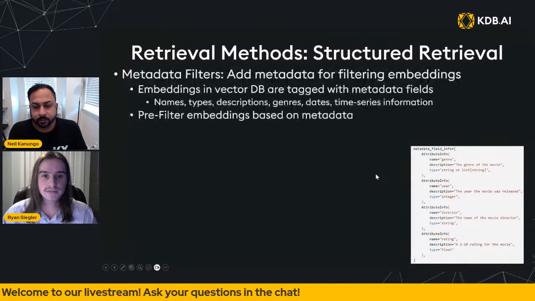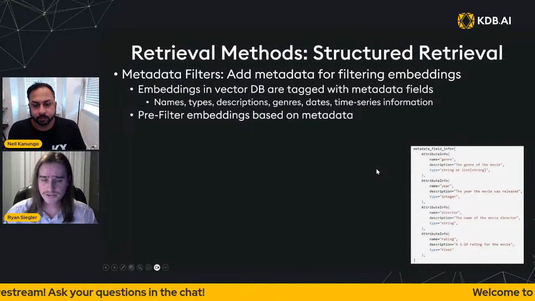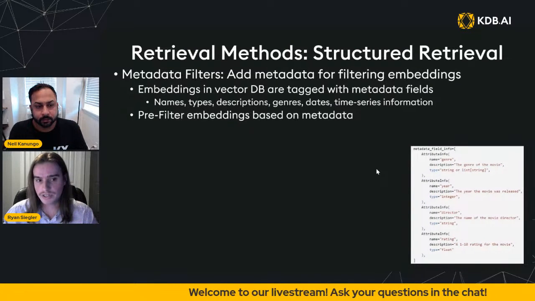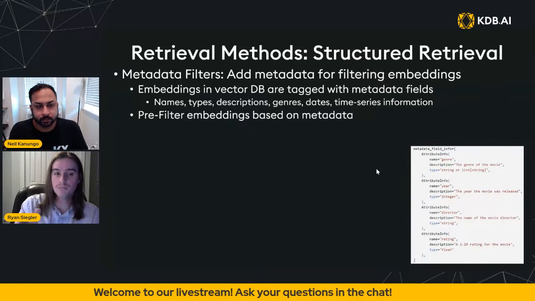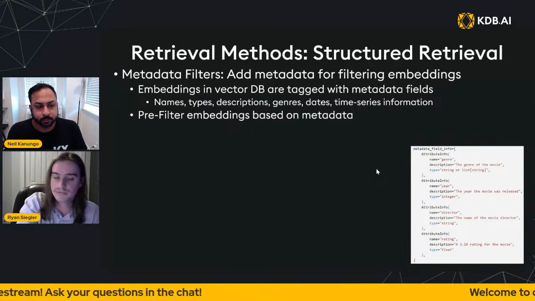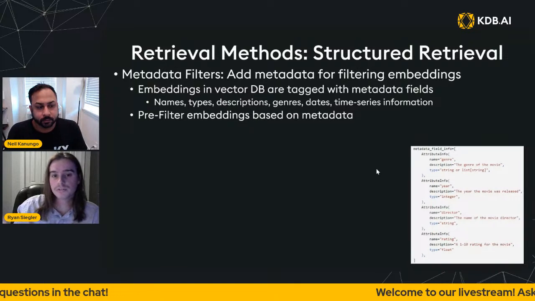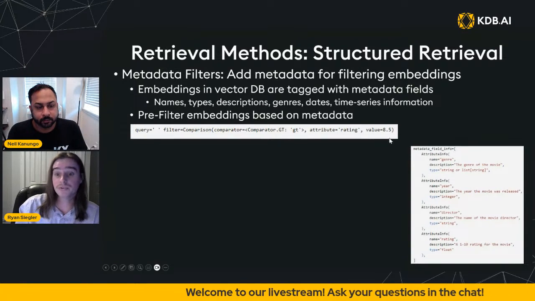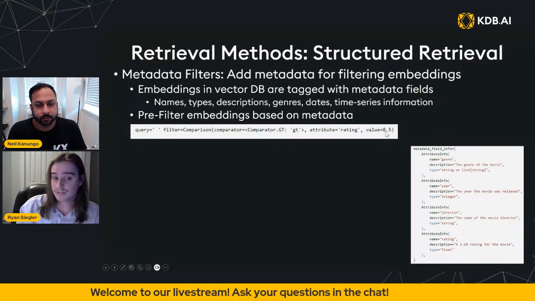With these metadata fields, we're tagging those embedded vectors with this additional data. And this gives us some additional capability to do some pre-filtering before we go out and do an exhaustive similarity search on our entire vector database. So for example, we are looking for a movie with a rating that's greater than 8.5.